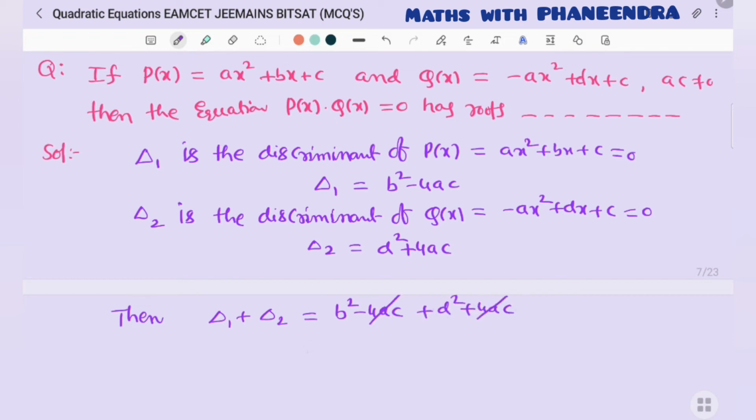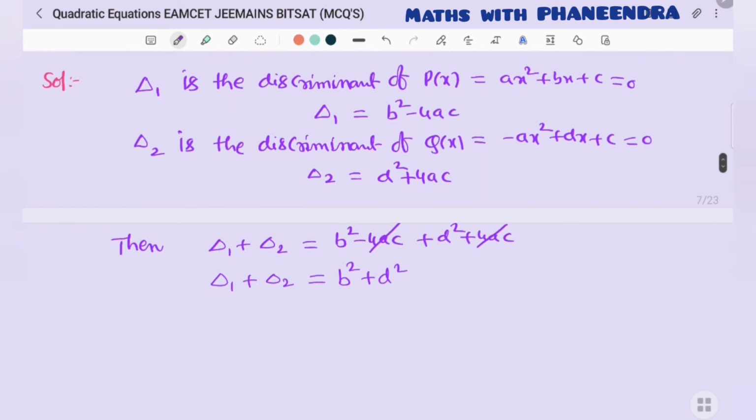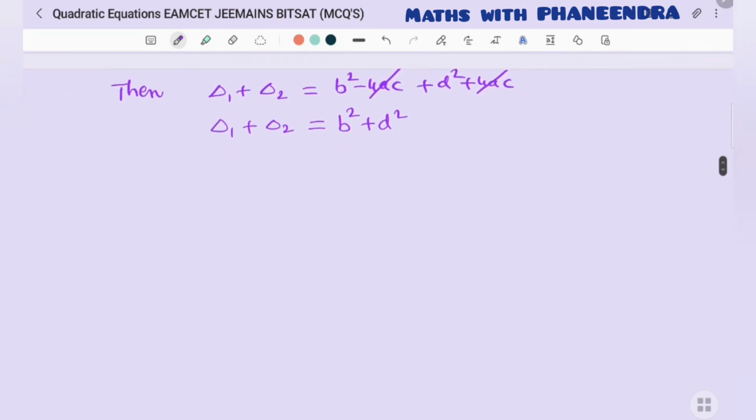Minus 4ac plus 4ac get cancelled. b square plus d square is the sum of the discriminants. This is always the sum of squares of any values, which is always greater than 0, obviously. Therefore, whenever the sum of the discriminants is greater than 0, either delta 1 or delta 2 is positive, or at least one of the discriminants is positive. Two possibilities are there here.